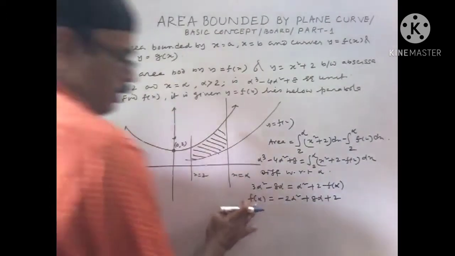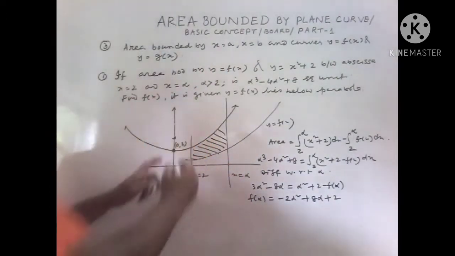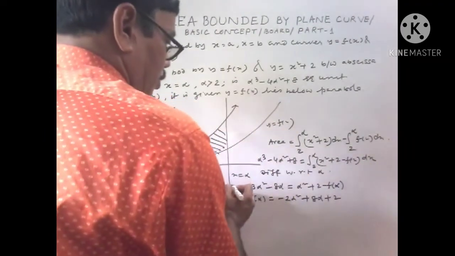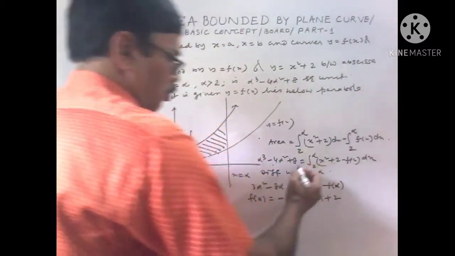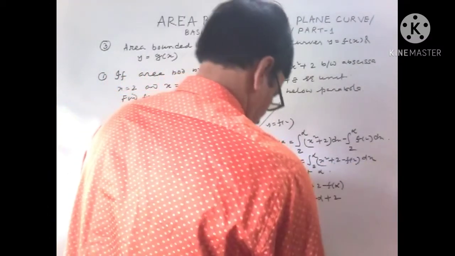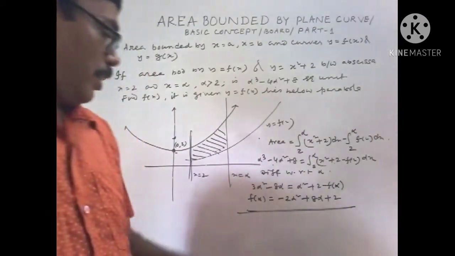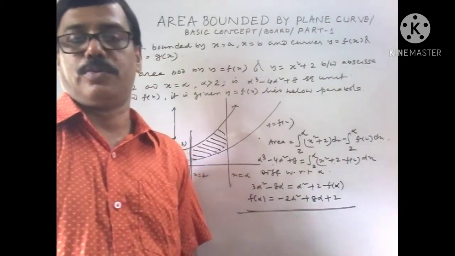If you get f(alpha), then you can find f(x). So look, two curves bounded by two ordinates. The formula is this, use the Leibniz rule. This is most important, the Leibniz rule. So f(x) is given by minus 2x square plus 8x plus 2.